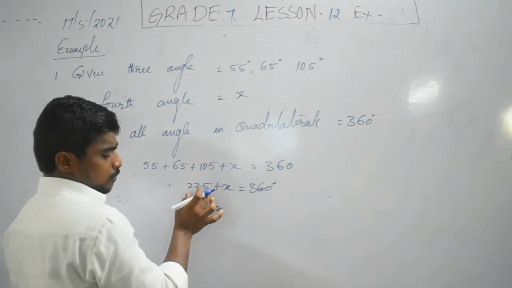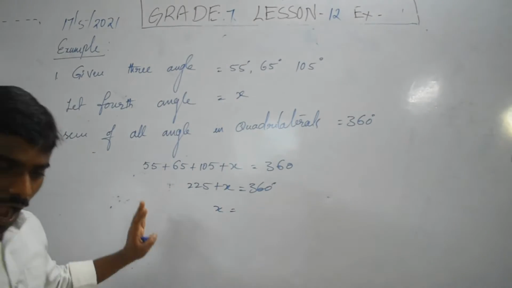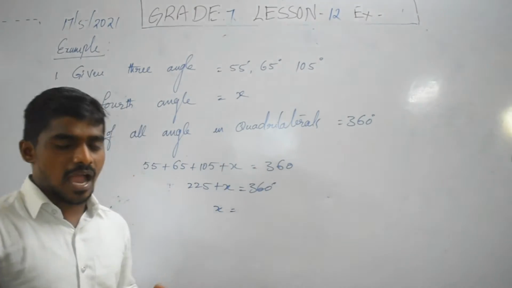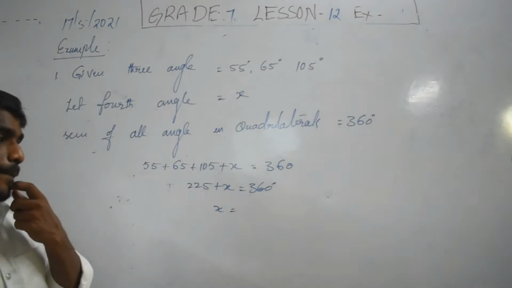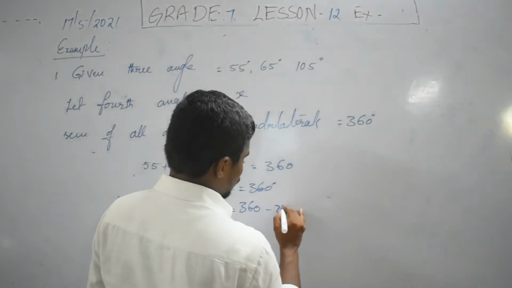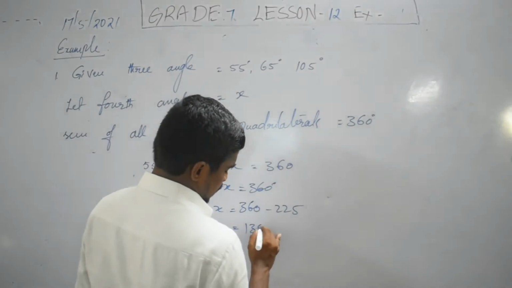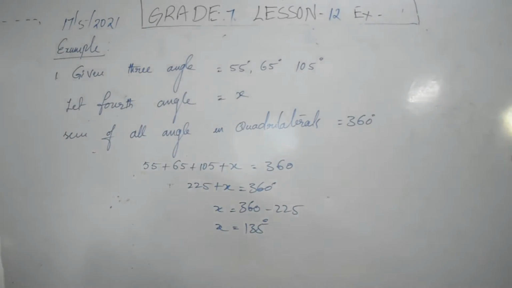Now X equals, moving this to the other side, the plus becomes minus, 360 minus 225, so 135 degrees. The fourth angle is 135 degrees. Problems in this chapter are like this.